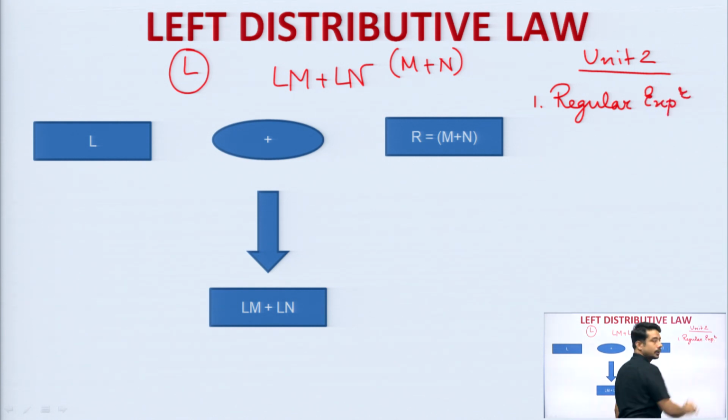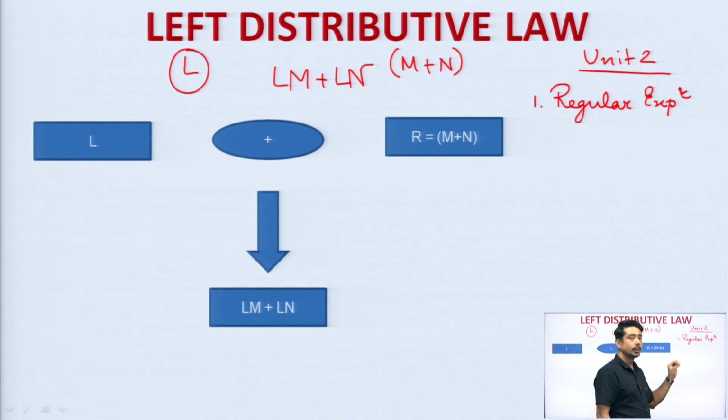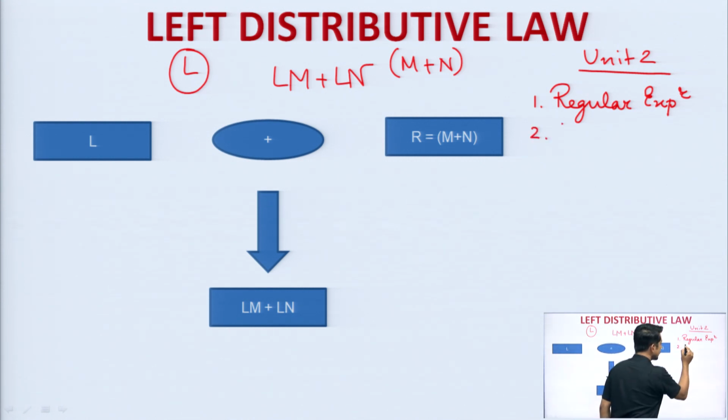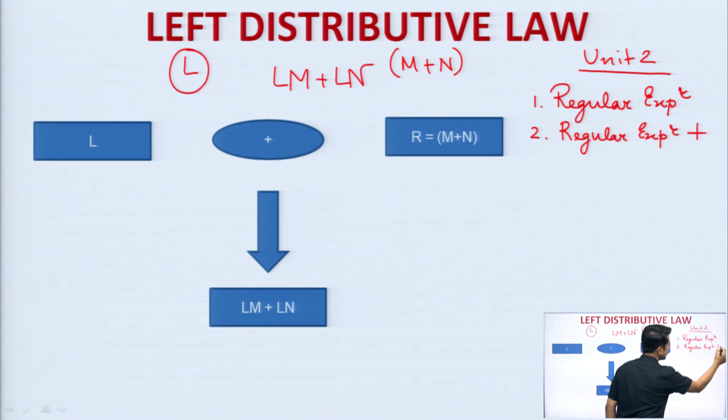In the regular expression, you just try to focus on what the operators being used are, what the primitive operators are, what the special operators are, what the primitive expressions are. Then you can check regular expression to finite automata. Okay.